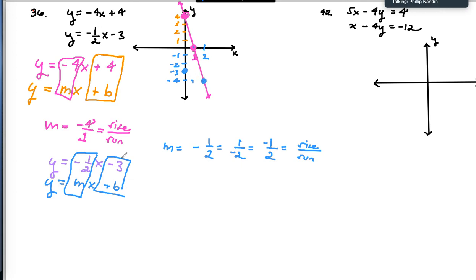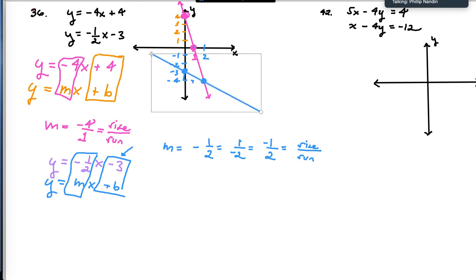Now let's go back to my other line. My y-intercept is negative 3, right here. And my slope is negative 1 half, which is the same thing as negative 1 over 2. So I go down 1, and then I run 2, and I wind up at this point right here. And that's exactly where these two lines meet up.